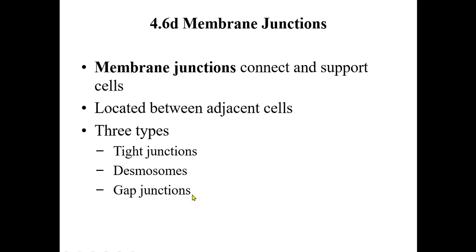Then we have gap junctions. Gap junctions are found in the heart. Gap junctions have little tubes in them. These cells have tubes in them that allow for an electrical ionic connection between one cell and another cell. So one cell has a pipe or a tube connected to a neighboring cell.